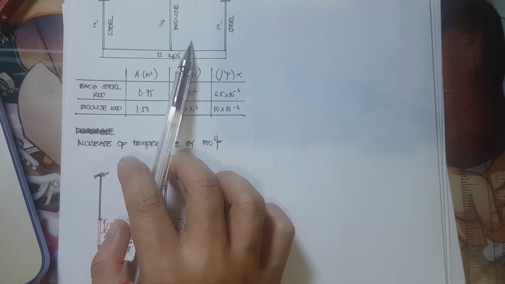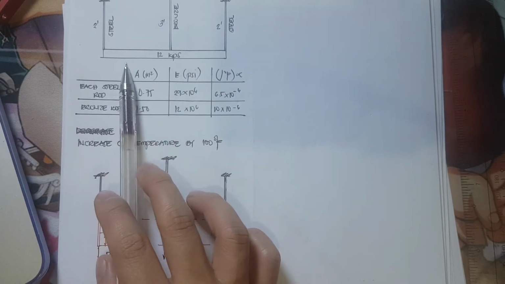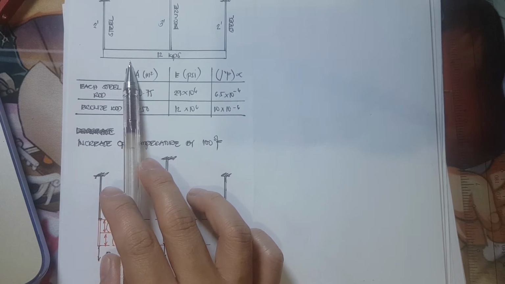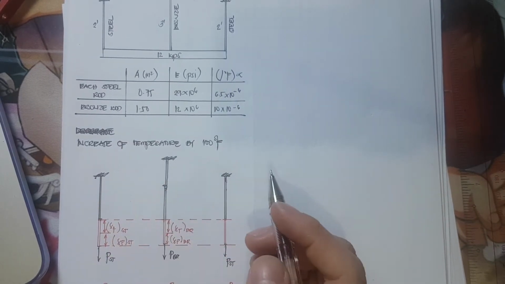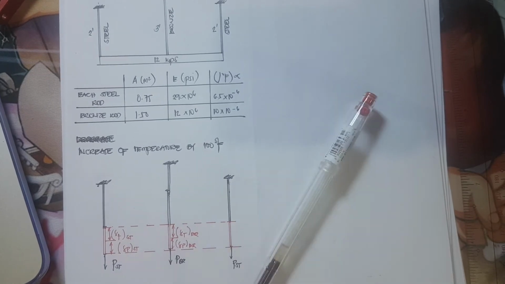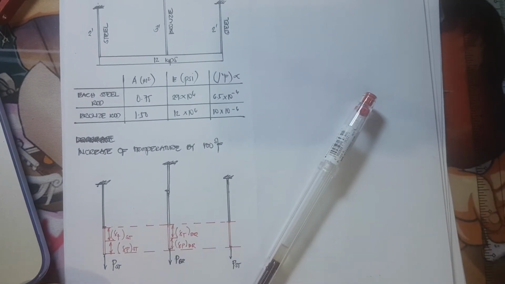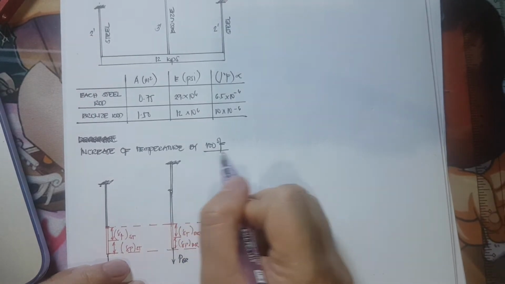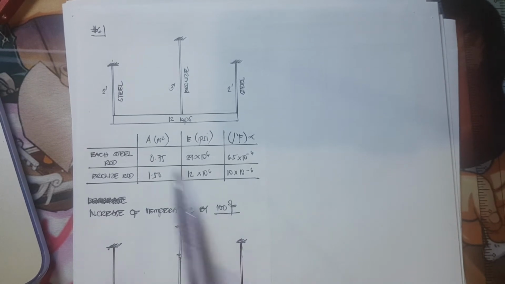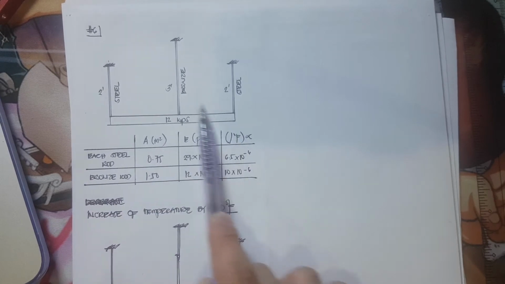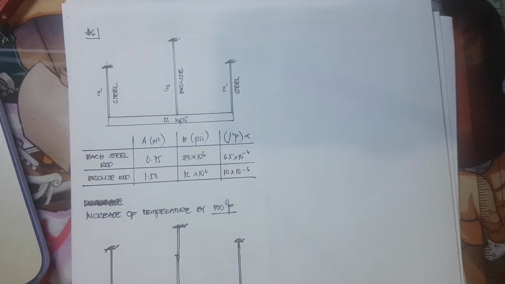Determine the stress in each rod after the block is attached and the temperature of all bars increased by 100 degrees Fahrenheit. So we are to determine the stress in each of the rods after placing the load, which is 12 kips.